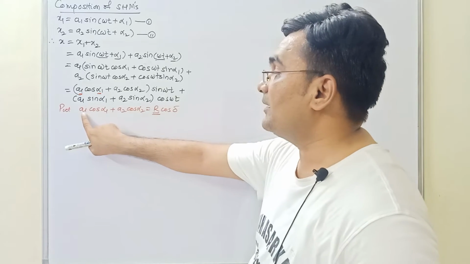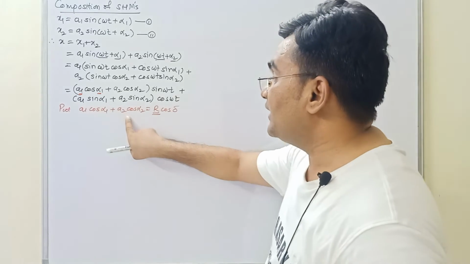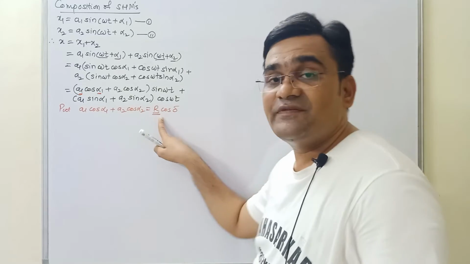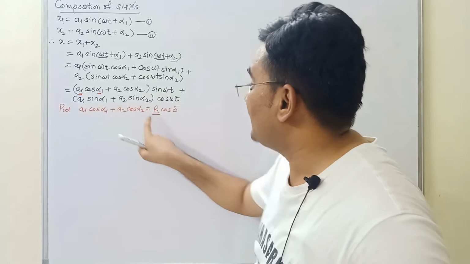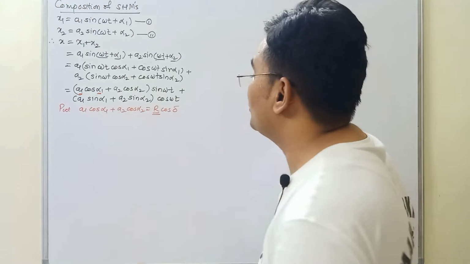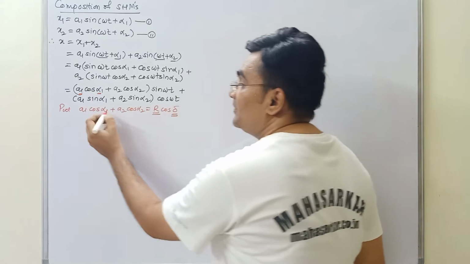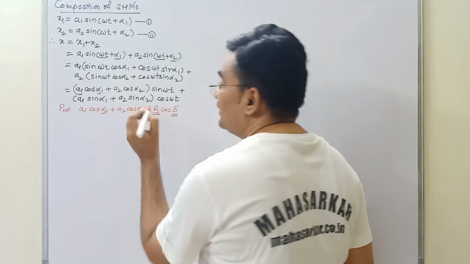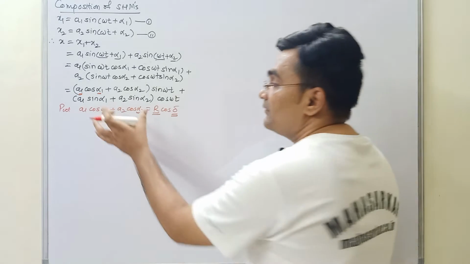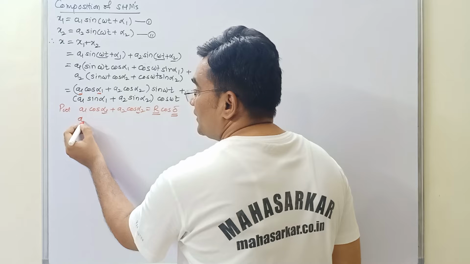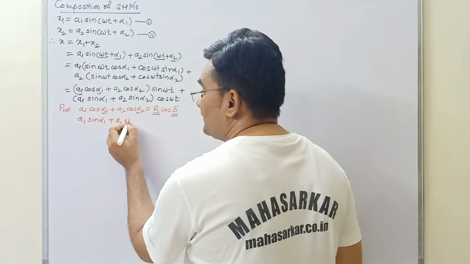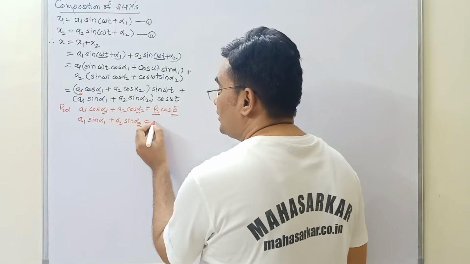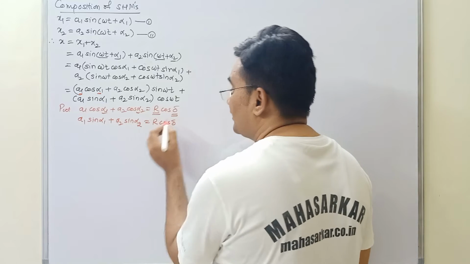R will represent the combination of a1 and a2, so R will be considered the resultant amplitude. We don't know the exact magnitude, but we can say R is a combination of a1 and a2, whereas delta will be a combination of alpha 1 and alpha 2. Similarly, for this bracket, a1 sin alpha 1 plus a2 sin alpha 2 equals R sin delta.